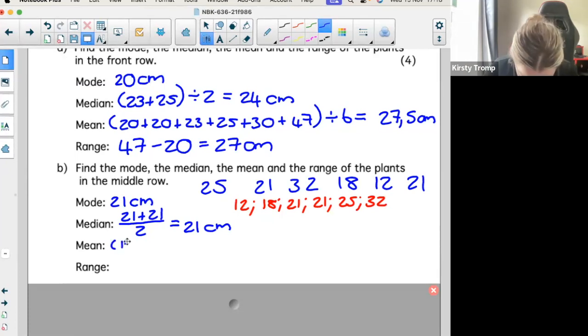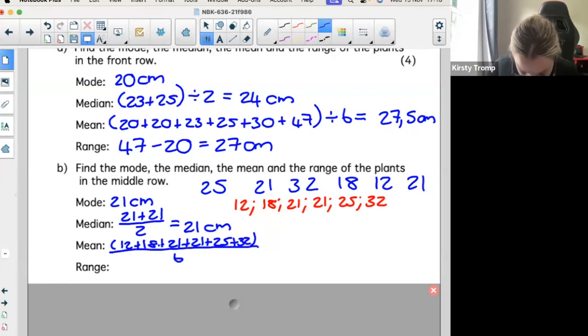Ah, you rock star. So 12 plus 18 plus 21 plus 21 plus 25 plus 32, and I'm going to divide them by 6, there's 6 numbers altogether. Now I'm going to use my calculator quickly, and I'm going to get 21,5 centimeters. Thanks, Owetu.